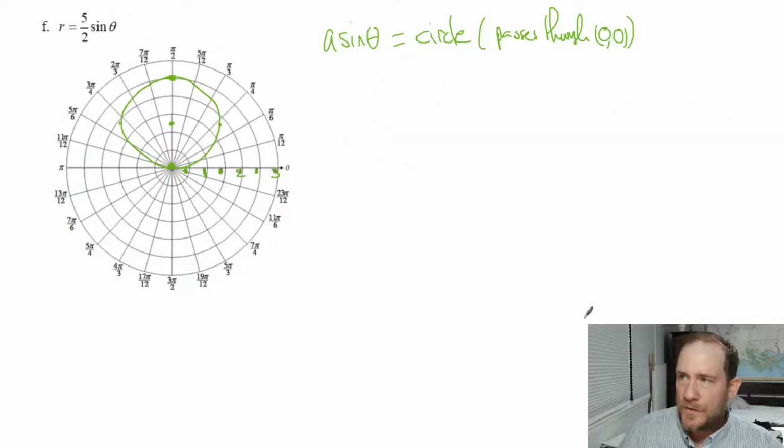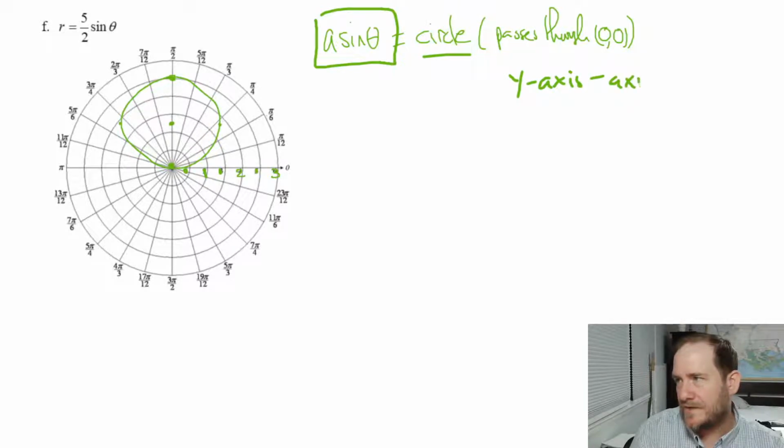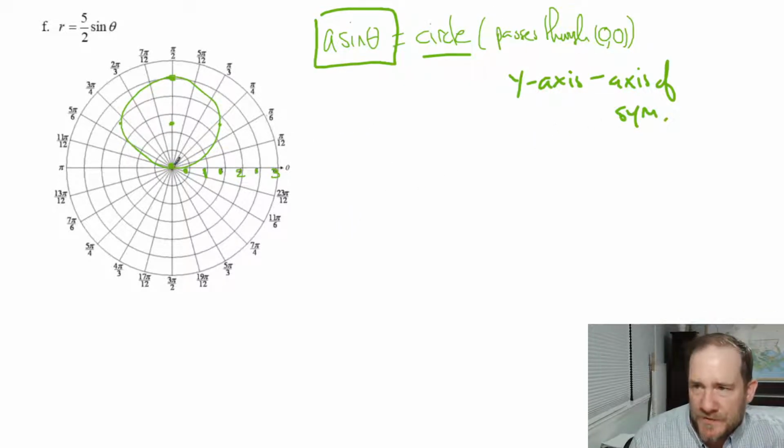And I did this whole one too. Ideally, you are looking at this equation and you know that because it's just a sine theta, it's a circle. Because it's sine of theta, it passes through the origin and has the y-axis as an axis of symmetry. So that means you're bumping your other points up from there.